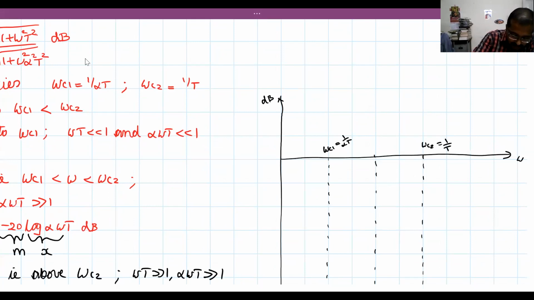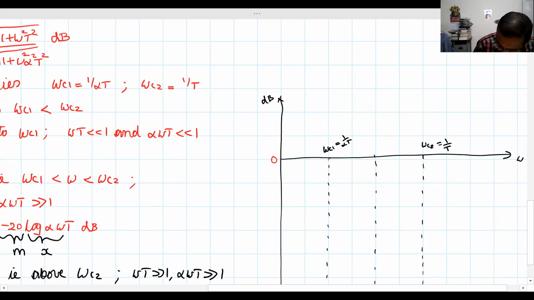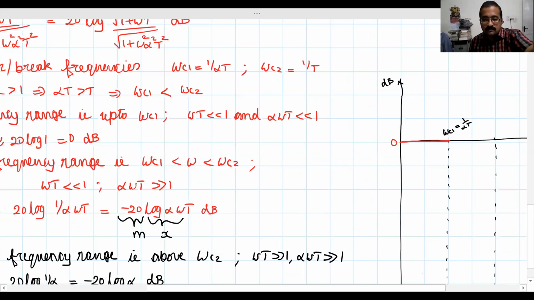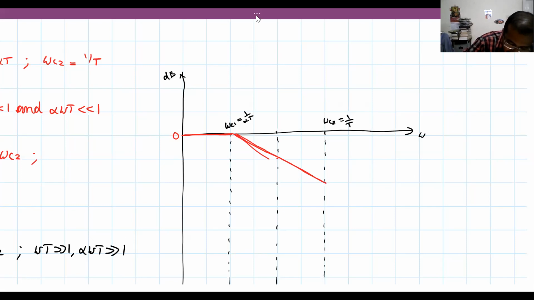From low frequency up to the lower corner frequency omega C1, it will be a straight line at 0 dB. Then onwards, what will be the magnitude plot? It will be a straight line whose slope is minus 20 dB per decade.